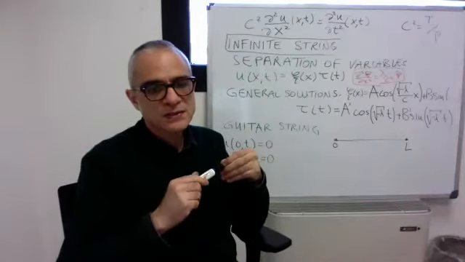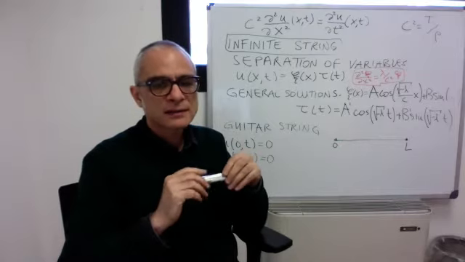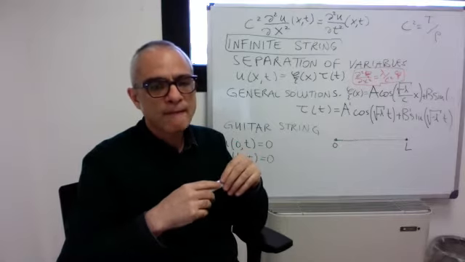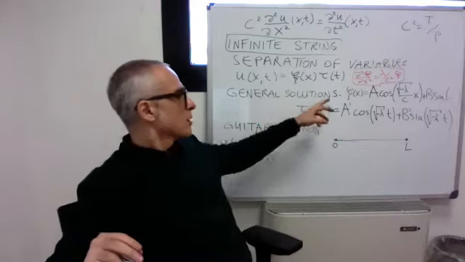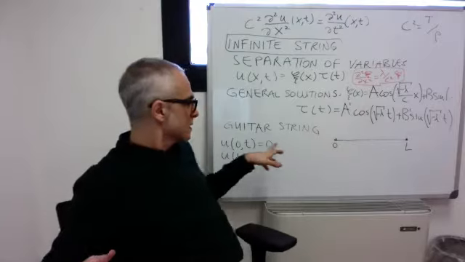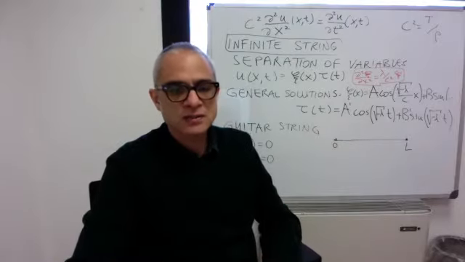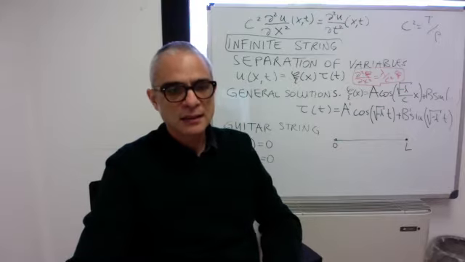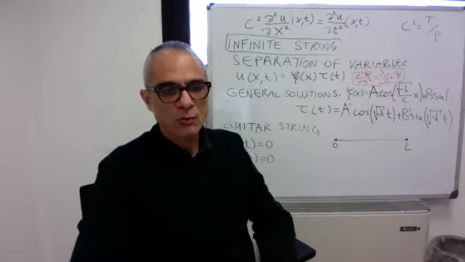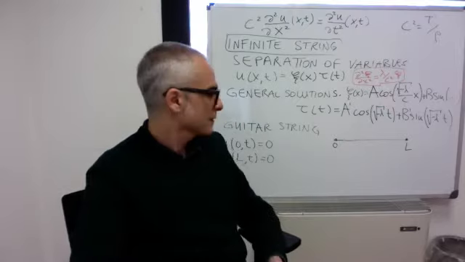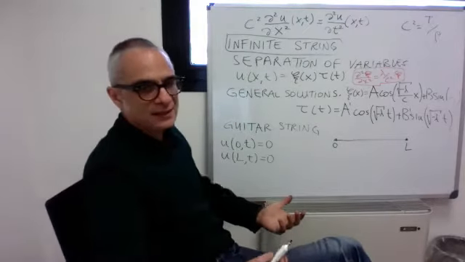So most of what we did yesterday still holds, but now we want to eliminate from our spectrum of possible solutions those that do not satisfy this condition. Those functions cannot exist in our world. They cannot be observed on our real world string. So let's see how in practice we achieve that.